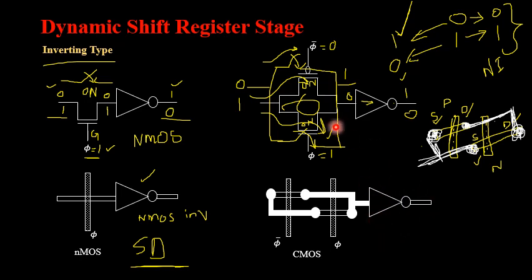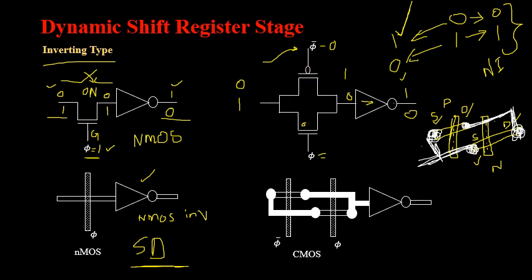So in terms of number of transistors, the transmission gate what you are seeing over here is constituting two transistors, one P MOSFET and one N MOSFET.